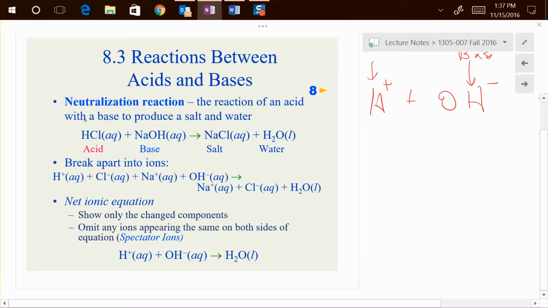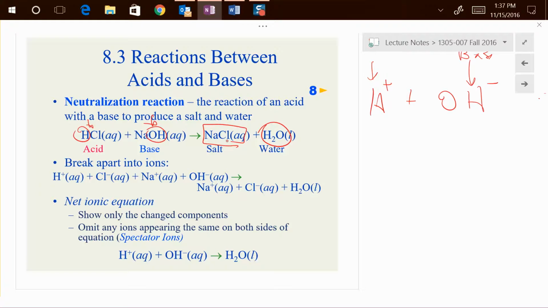Here we have a strong acid and a strong base. The H plus and the OH minus react to form water, and you have the sodium chloride ions left over. So you take a super nasty acid, which will dissolve your hand, and a really nasty base, sodium hydroxide, which will also burn your hand like crazy.